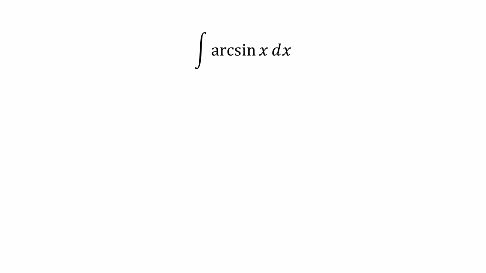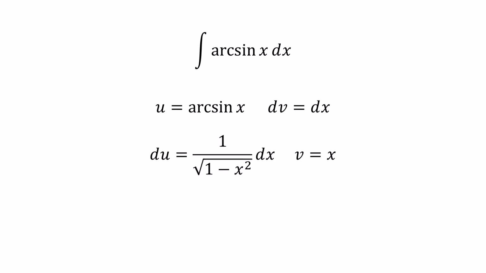First, we evaluate the integral of arcsine of x dx. To begin, we choose u equals arcsine of x and dv equals dx. Then du equals 1 over the square root of 1 minus x squared dx and v equals x.